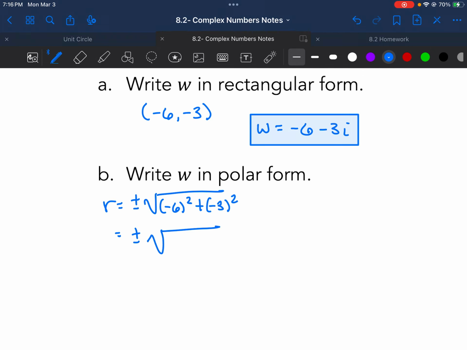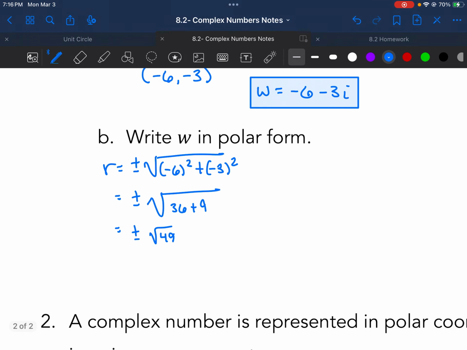So this is going to be 36 plus 9, which is root 45. And 45 is 9 times 5, so this is the same thing as 3 root 5.